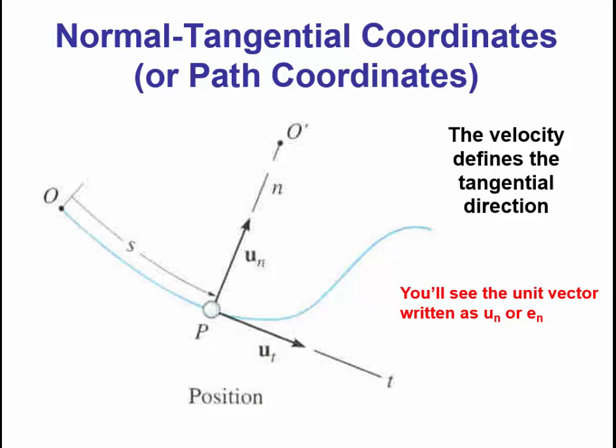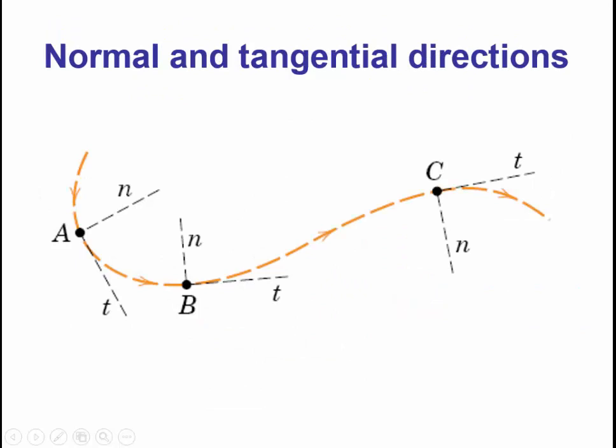And once we've learned how to define these coordinate systems, sometimes we'll see them as u sub n, which is the normal direction. Most of the time we'll call it e sub n. Same thing here where it's u sub t, that's going to be the tangential direction, which is just tangent to the curve or the path, and then the normal direction is always going to be perpendicular to that tangential direction. And we can see something similar here.